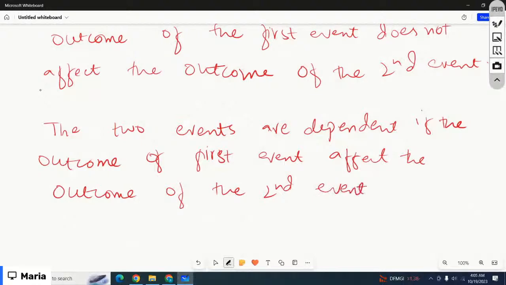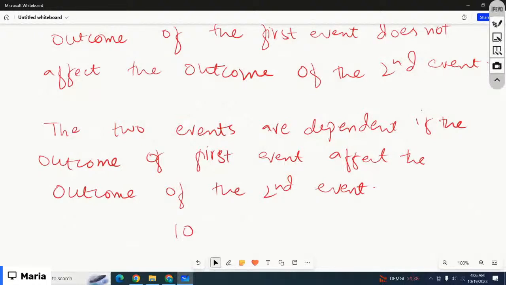For example, you have a bag of marbles. You picked a marble for the first time. You didn't put the marble back and you are going to take another marble from the bag. That is the dependent event. How? For the first time, when you pick the marbles, there are 10 marbles.